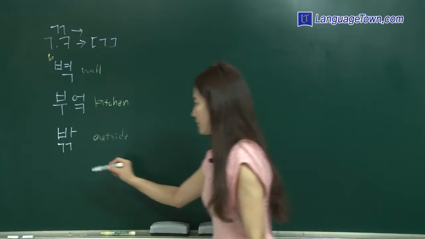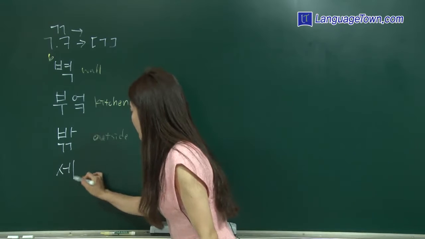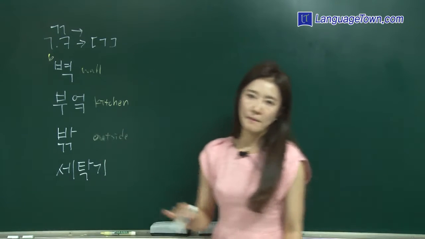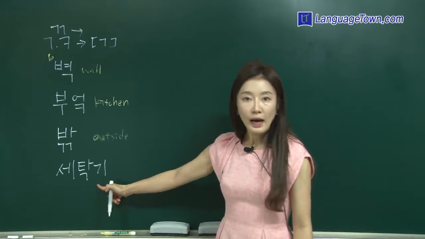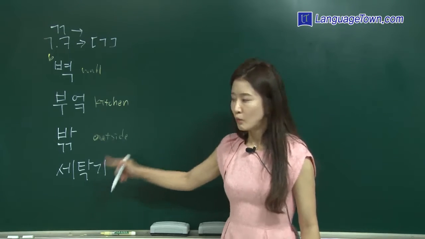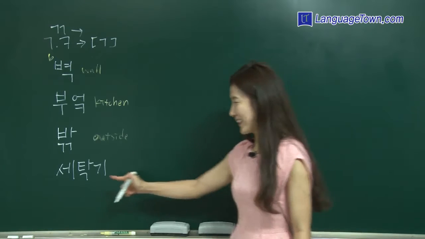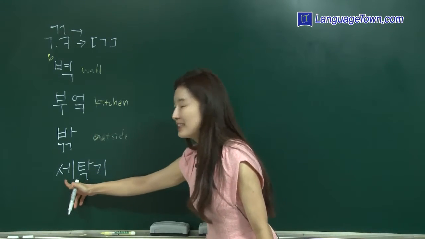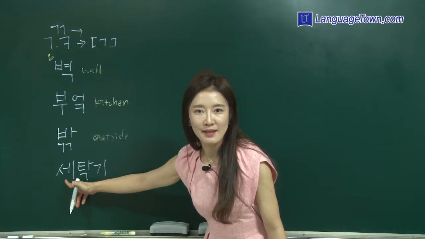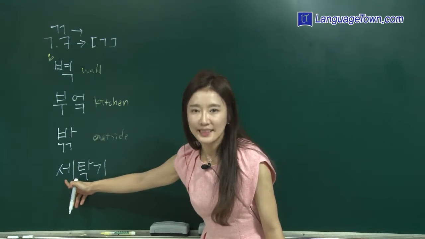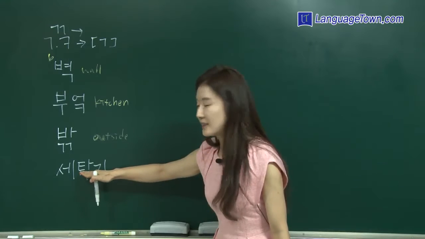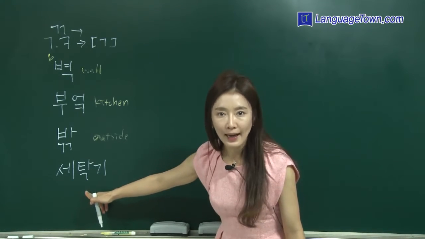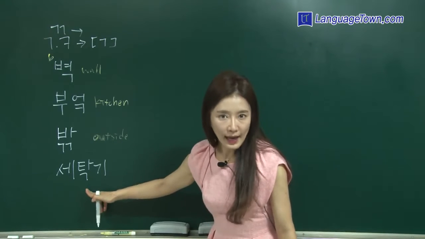One more thing. Okay. How do you read this? Okay. One of them, it's okay, it's okay. One by one. How do you read this one? Good. 세. This is 탁. 세탁. Yes.